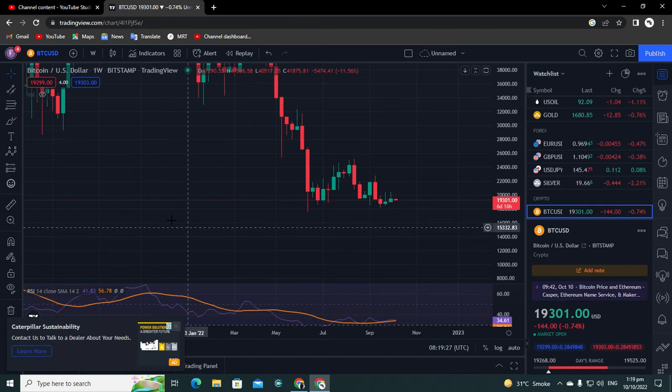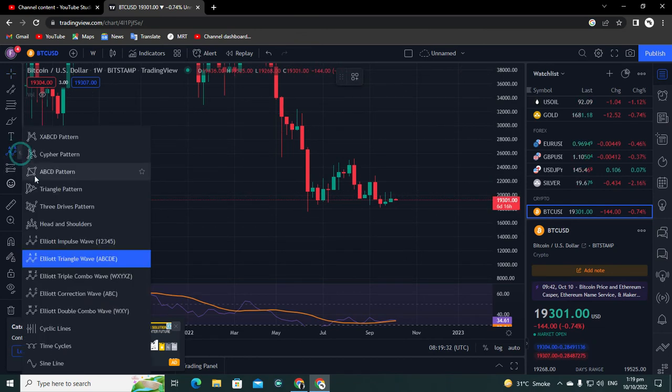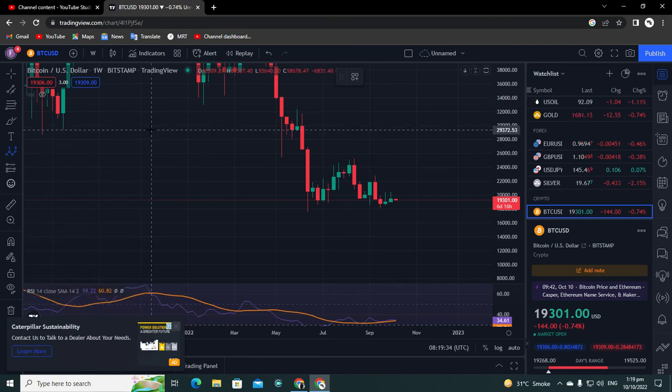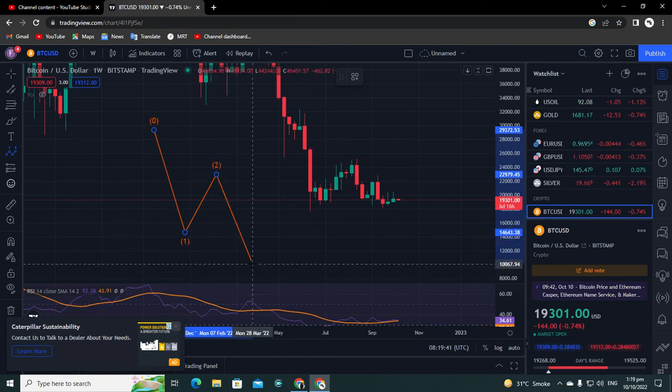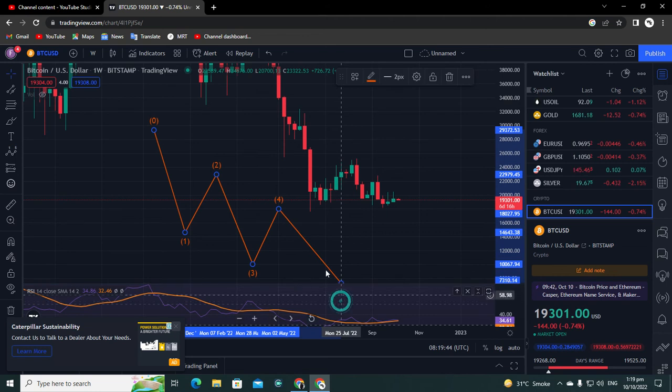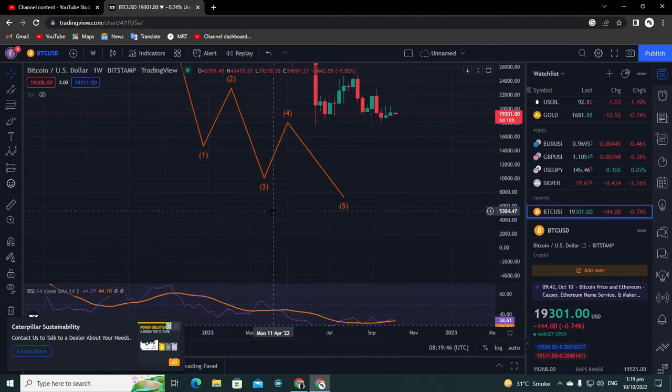But if the wave is opposite, sorry, I forgot to tell you that. If the wave is opposite, you can go downward, correction, downward, correction, and downward. Looks like this. Actually, it's inverted.